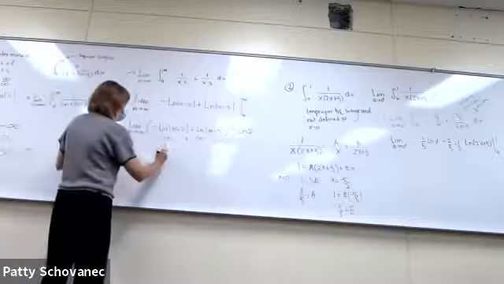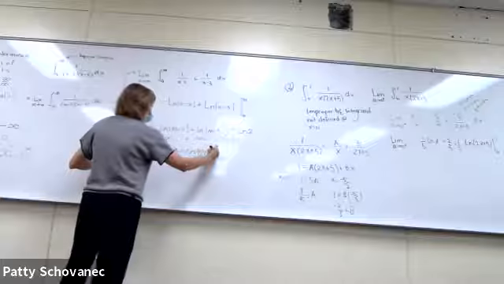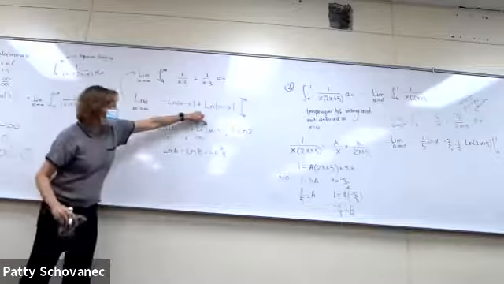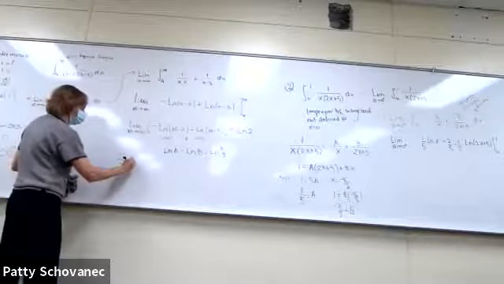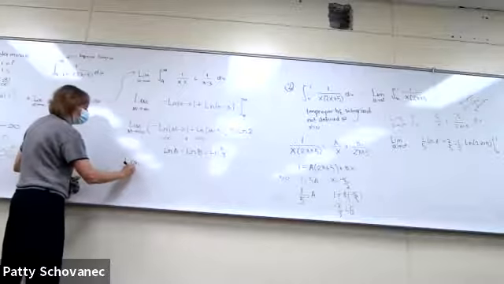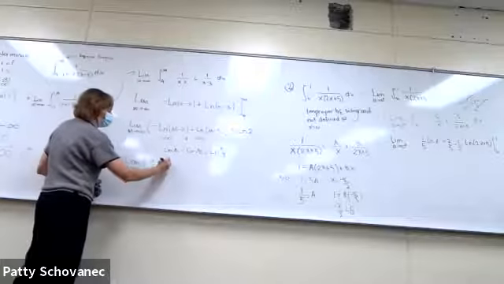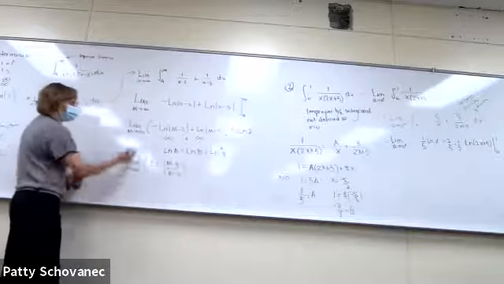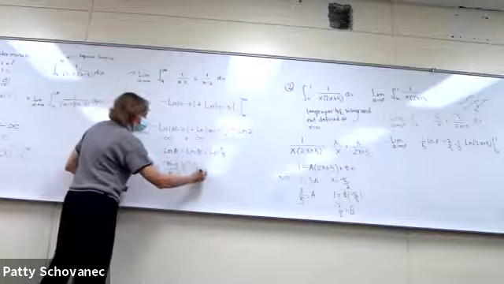So I'm going to use the fact that the natural log of A minus the natural log of B is the natural log of A divided by B. That one's got the plus, so that's on top, that one's on the bottom. So now I'm taking the limit as m goes to infinity of the natural log of m minus 3 over m minus 2. Neither of those is negative in that range, so I can go ahead and get rid of the absolute value bars.